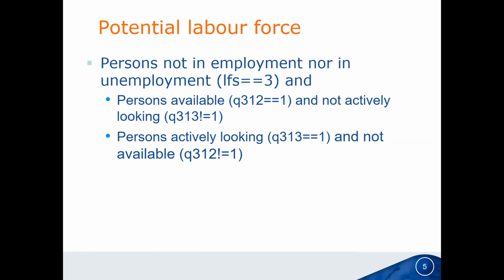But everyone who is in the potential labor force, you're right, are persons who were classified as outside the labor force, so LFS is equal to 3. It's a subcategory, yes, of the persons outside the labor force. Indeed. Yeah, thank you.